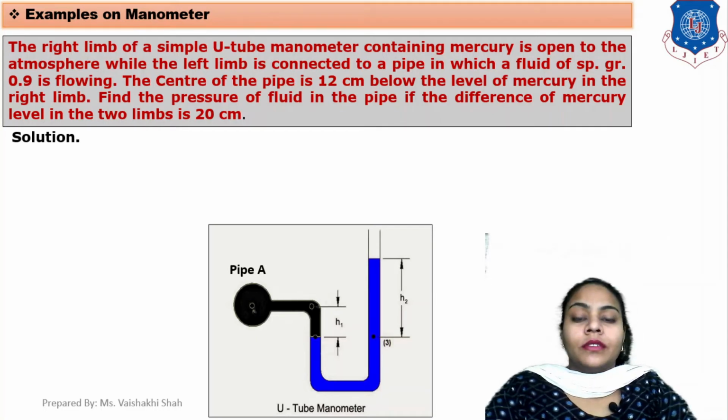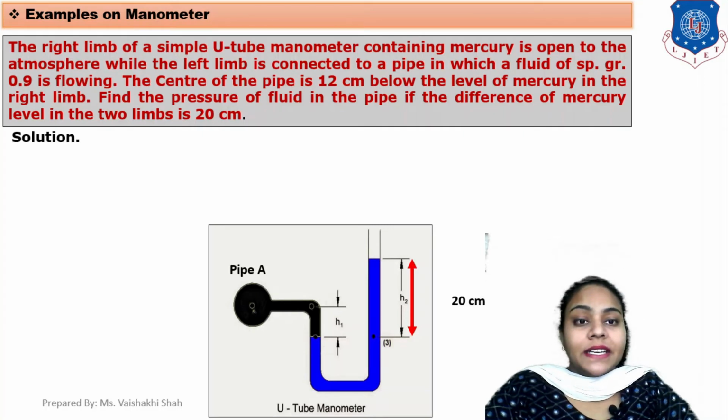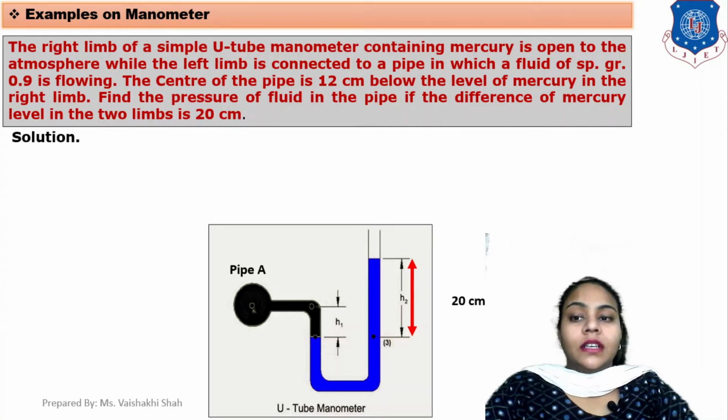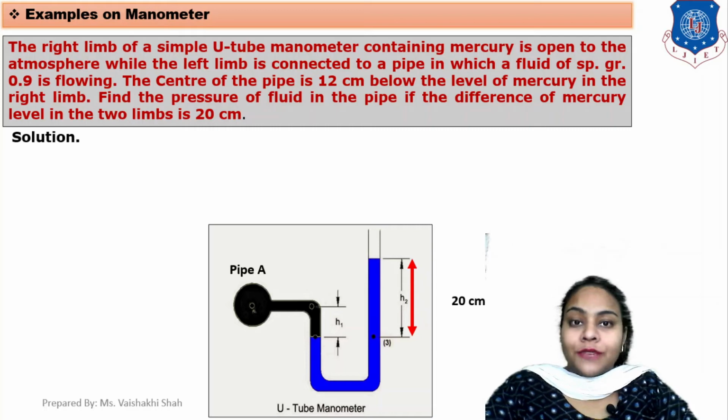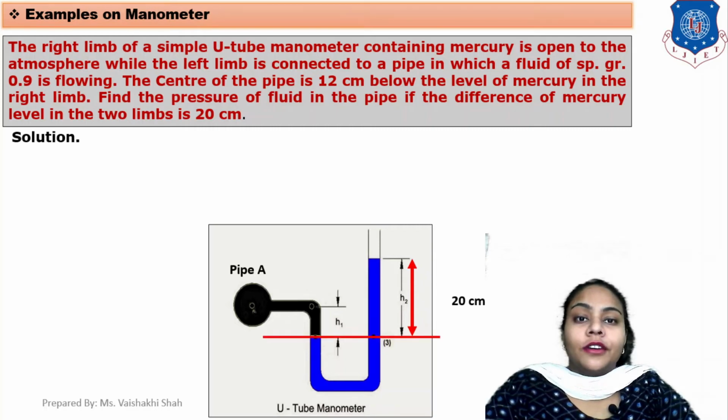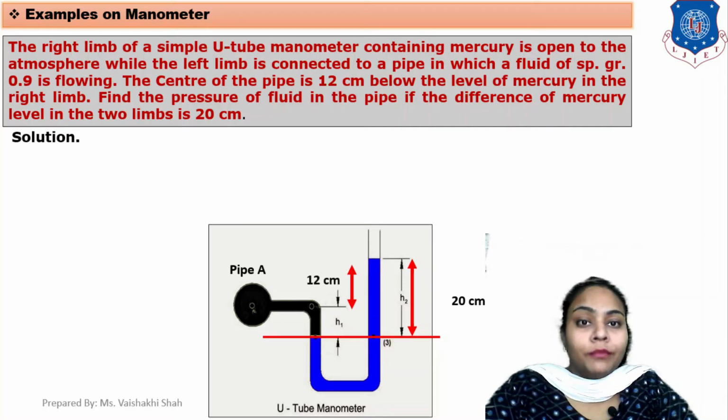This height is 20 centimeter, so the difference of mercury level is 20 centimeter, as indicated in this diagram. This is your baseline, which is AA. The center of the pipe is 12 centimeter below the level of mercury, so it indicates the distance which is 12 centimeter below the level of mercury.